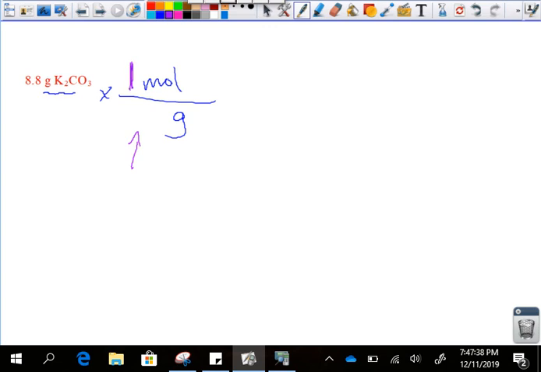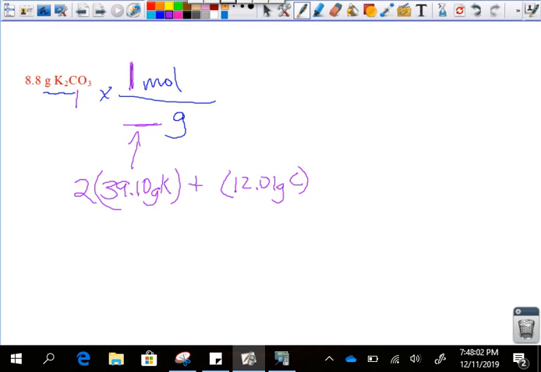Anytime we have 1 mole in grams, the number for grams comes from the periodic table. So we got to grab the pieces from the periodic table. Here's the mass of potassium, but I'm going to multiply that by 2 because there are 2 potassiums. Then here's the mass of carbon, 12.01. There's only 1 carbon, so I don't need to multiply that.